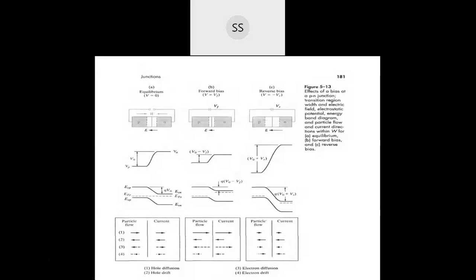That's why on the p side, where electrons are the minority carriers, every electron which is diffusing across the transition region will be swept down the potential barrier, irrespective of whether its size is large or small.